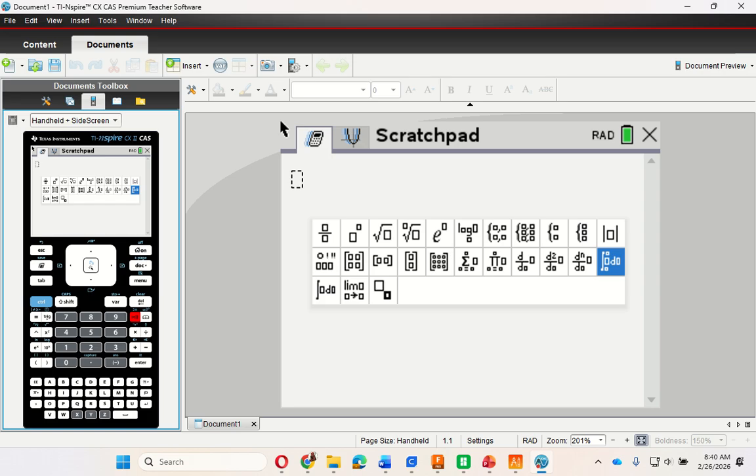Integration, right? Look specifically at what I have. For all these things, there are little templates. Especially if you're using e on your calculator, do not use the letter E. You have to use the number e, which is over here on the left, next to the LN.